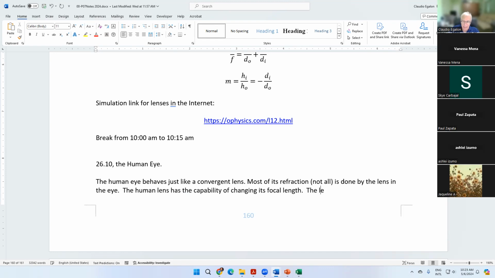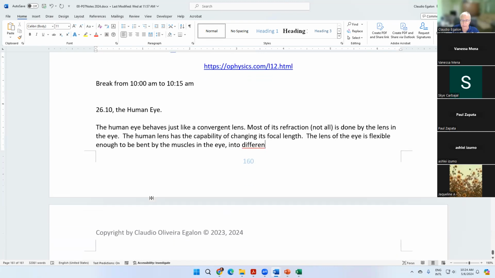The lens of the eye is flexible enough to be bent by the muscles in the eye into different radii of curvature.